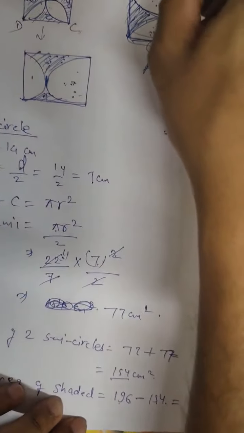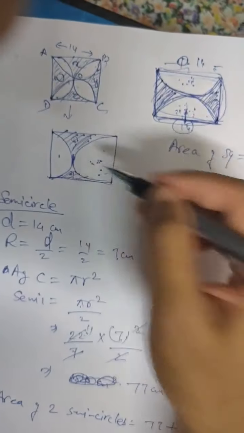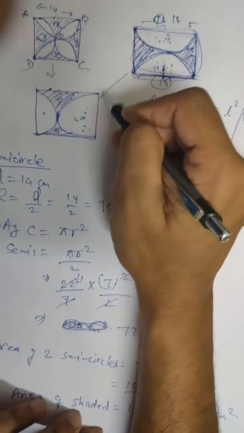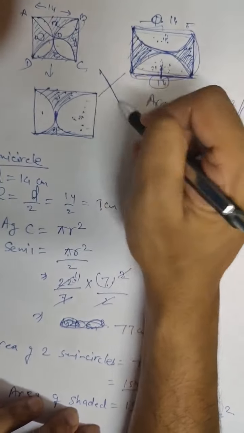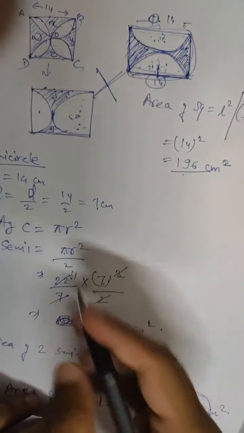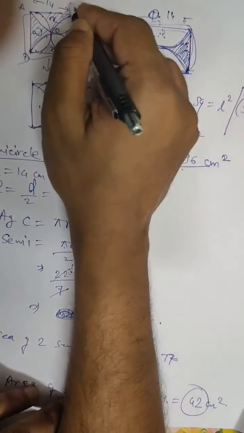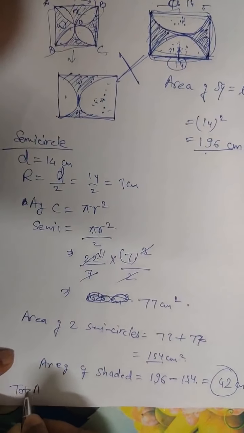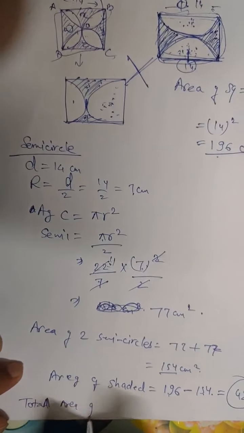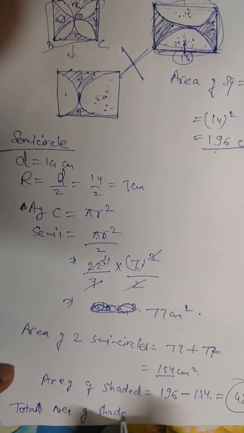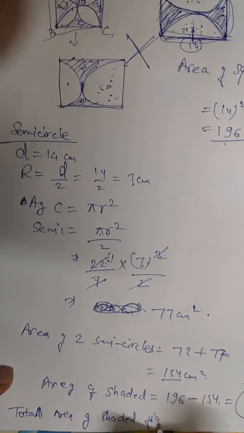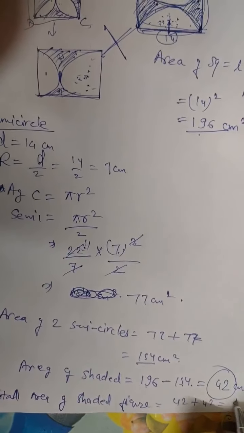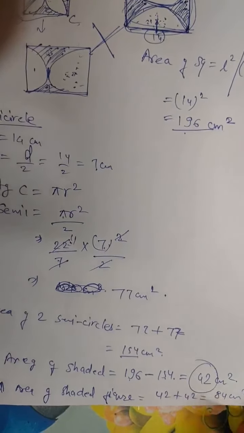It's for one, and we have to calculate for this one also, it will be similar, so it will be 42 for this one also. And if we add them, we get the area of the whole shaded region of this figure. So the total area of the shaded figure equals 42 plus 42, that is 84 centimeter square.